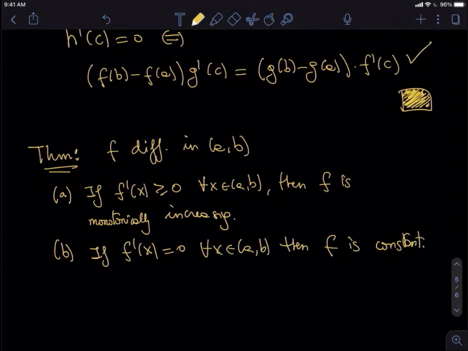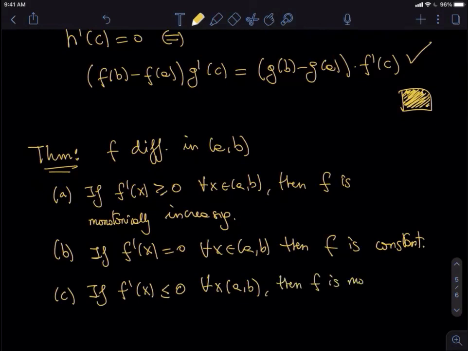Notice that we have used the converse. We used that if f is constant, then the derivative is 0. But here we are saying the opposite, that if you know the derivative is everywhere 0, then the function must be constant. And then the last is that if we have a non-positive derivative everywhere in the interval, then f is monotonically decreasing.